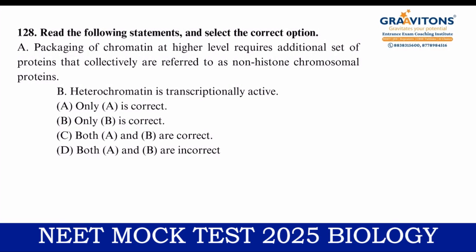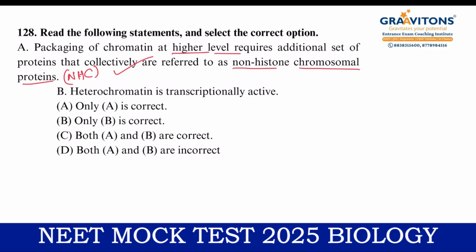Next question. Read the following statements and select the correct option. So again, two statement questions it is given. First one, packaging of chromatin at higher level requires additional set of proteins that collectively are referred as non-histone chromosomal proteins, NHC we will call. This statement is correct.